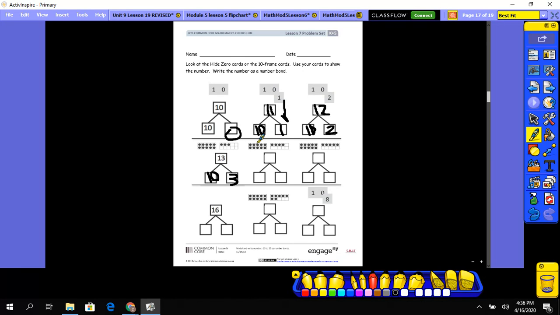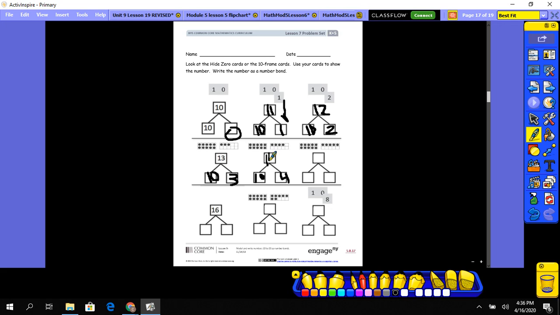Can you help me with the next one? I see a group of 10 and a group of 4. What are my two parts? 10, 4. Remember, hide the 0. What are my teenage numbers? 14.